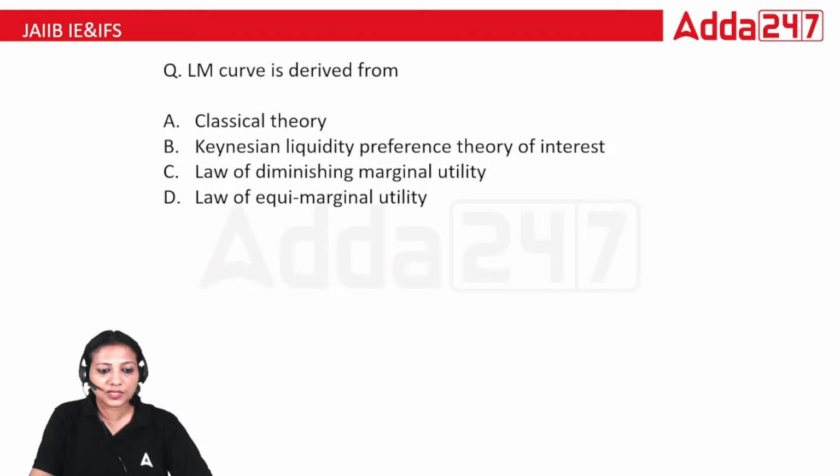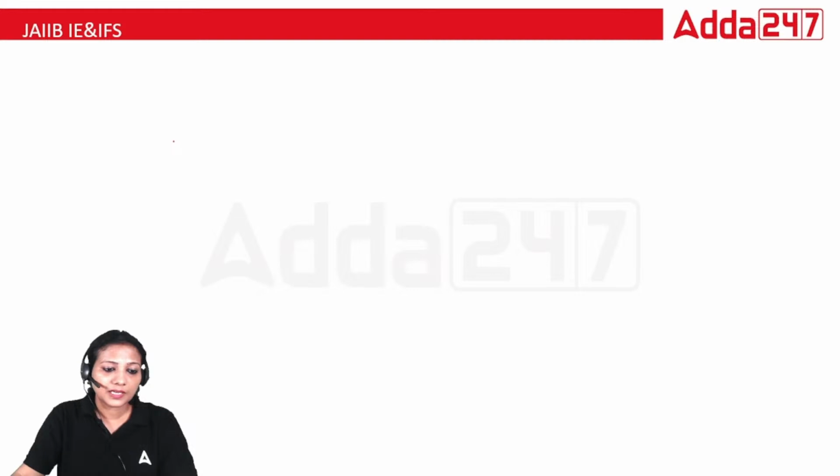Classical theory, Keynesian liquidity preference theory of interest, law of diminishing marginal utility, or law of equimarginal utility. And the right answer is B, Keynesian liquidity preference theory of interest.